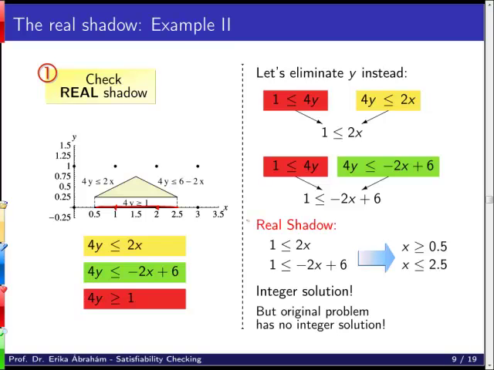Okay, so from the real shadow, I can only conclude that there are no solutions, but there is no way to assure that there exists an integer solution, even if there exists one after the last projection phase, for the one-dimensional problem.